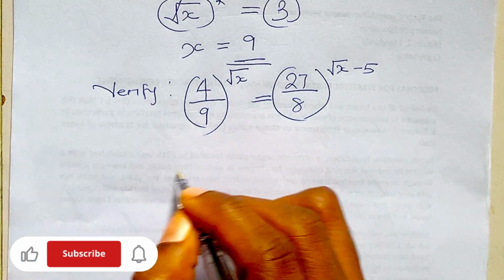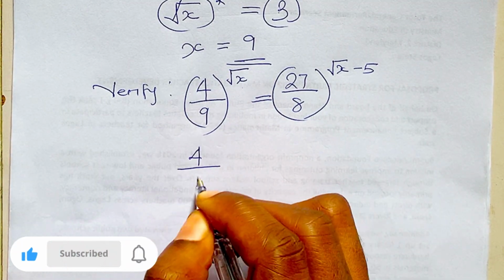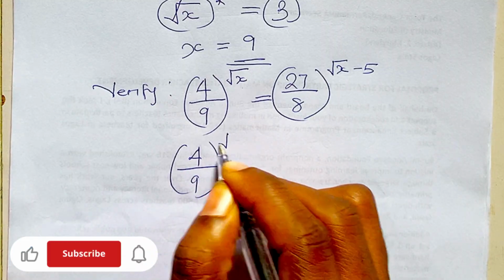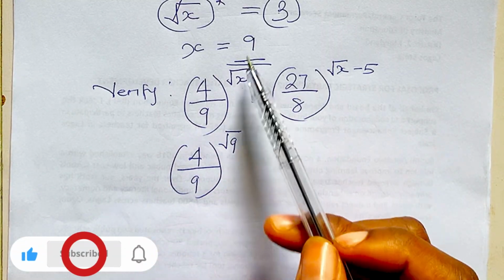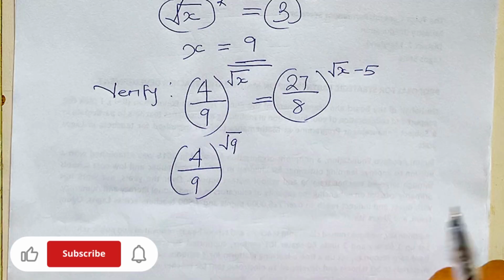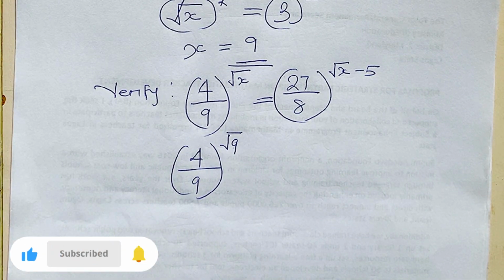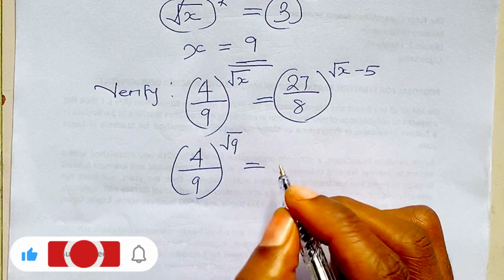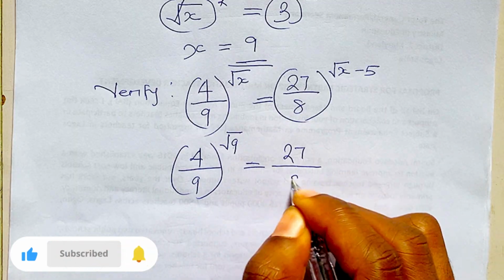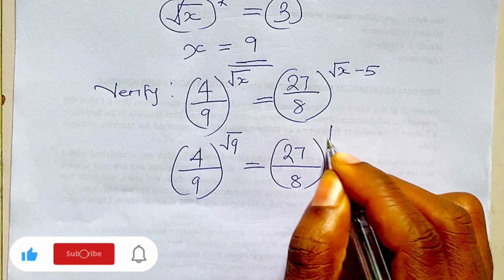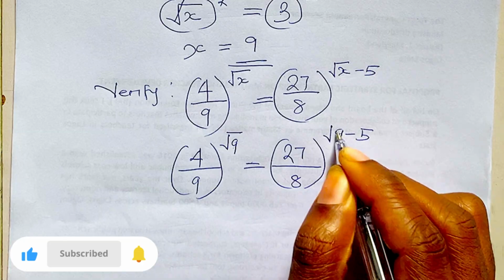So here we'll have (4/9)^√9 equal to (27/8)^(√9 − 5).